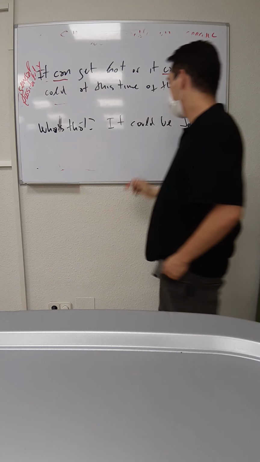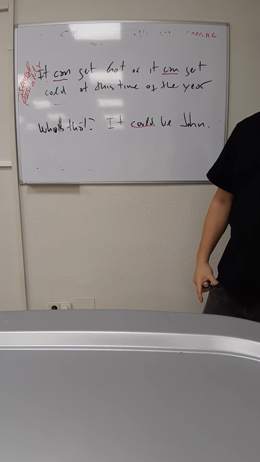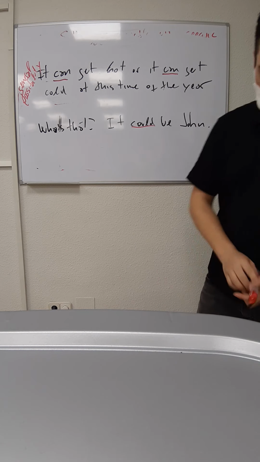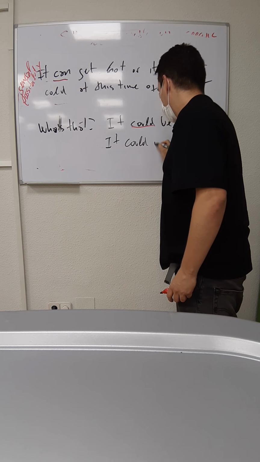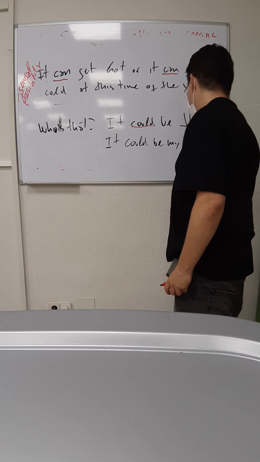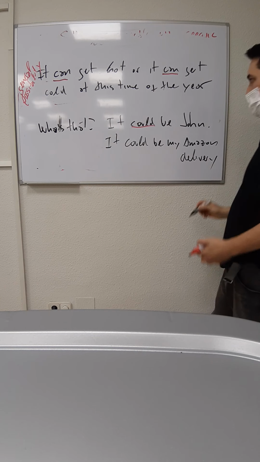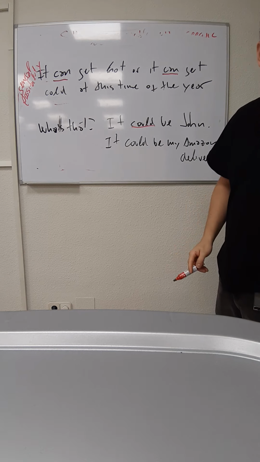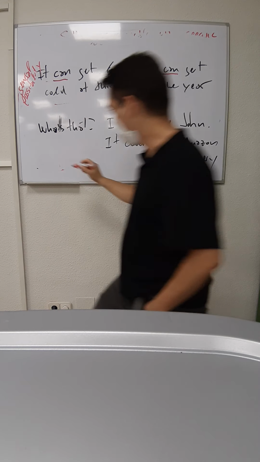Here, however, I'm referring to John. It could be John, or it could be my Amazon delivery. This is also a possibility, but it's not a general one. This is a specific possibility.